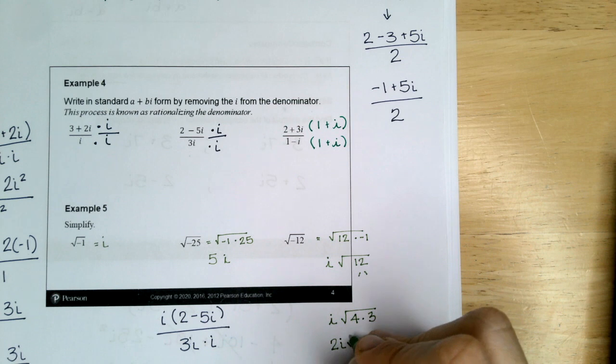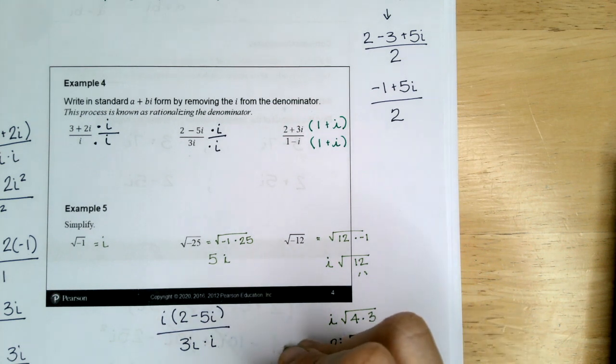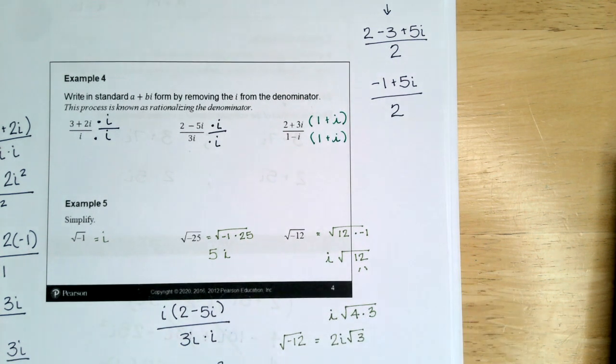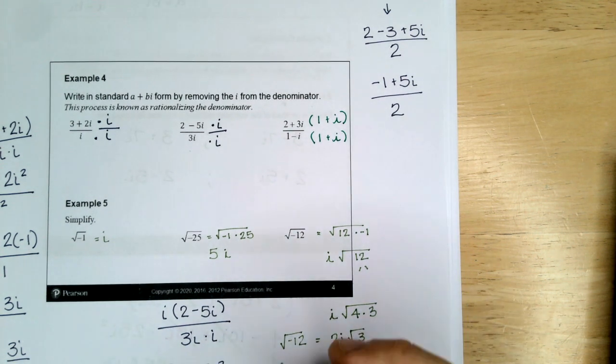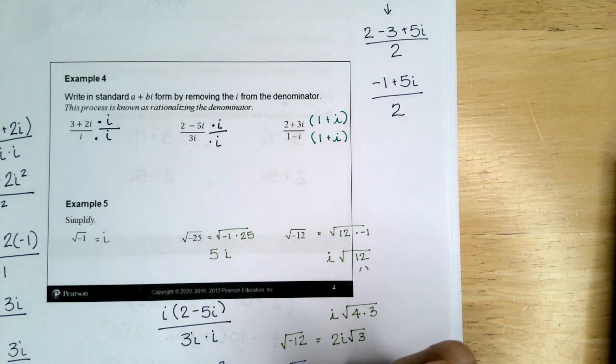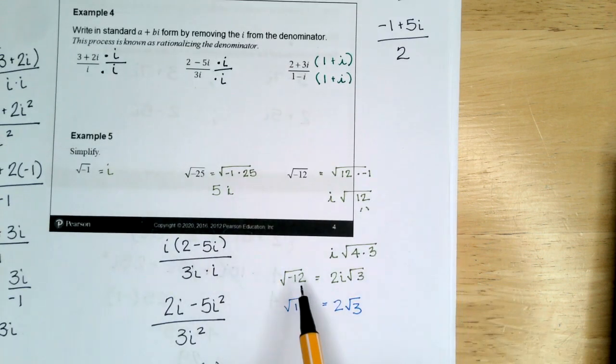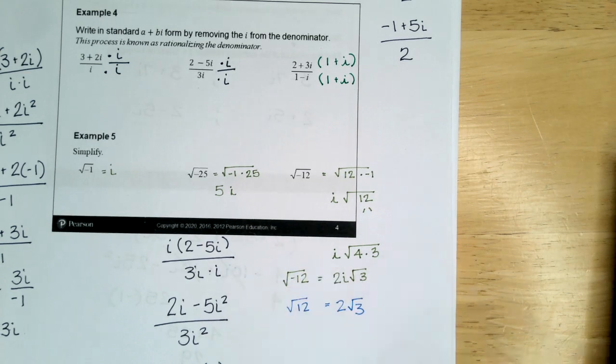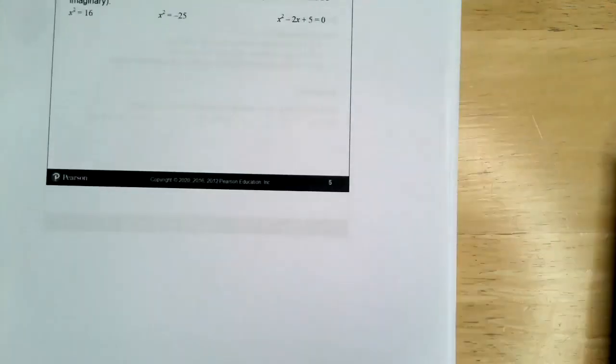So it's 2i square root 3. Just like square root of 12 would be 2 square root of 3. Negative square root of 12 would be 2i square root of 3. That's the difference. So you're doing the exact same factoring we did in the previous lesson on radicals. But if you have a negative, you can move the negative out as an i outside the radical.